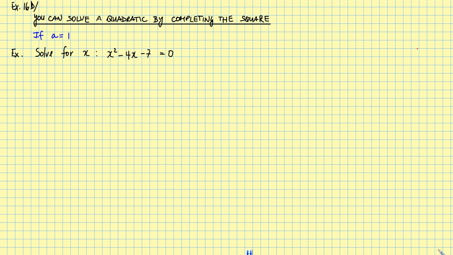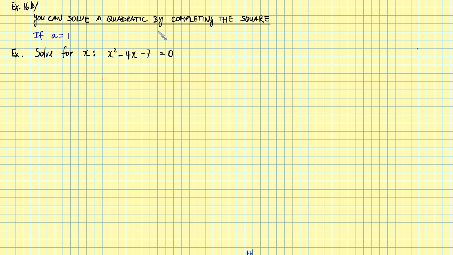As an example, let's say that we had x squared minus 4x minus 7 equaling 0. Keep in mind that my value of a here is equal to 1. I have a 1 in the front here, but I don't place it there. And again, I'm solving for x.